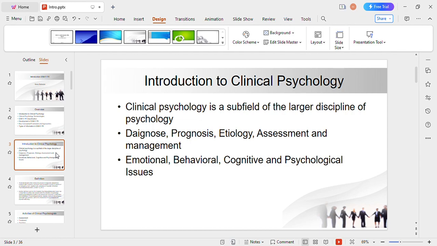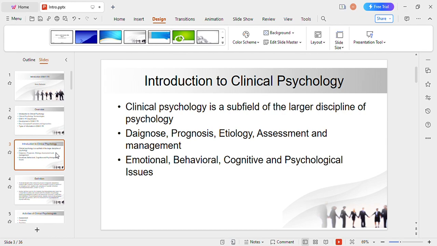We can easily identify if a person is suffering from neurodevelopmental disorder, schizophrenia, personality disorder, psychotic symptoms, mood disorder, bipolar disorder, neurocognitive disorder, and multiple other disorders can be identified through diagnosis. So a clinical psychologist must be very expert in understanding and giving the diagnosis to their patients.